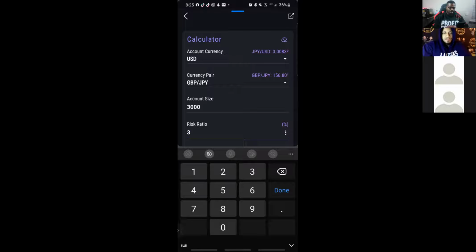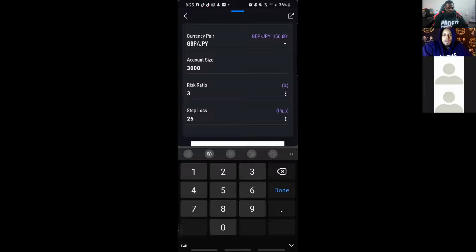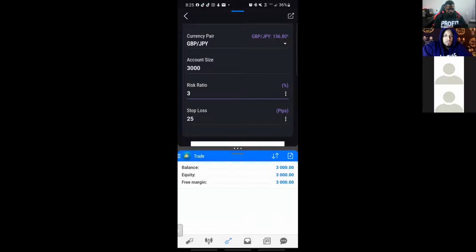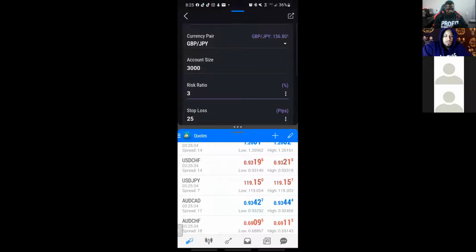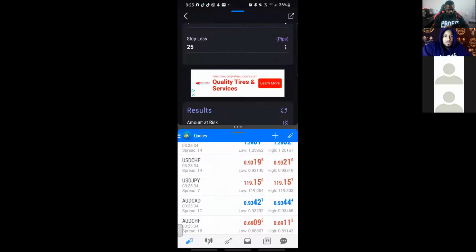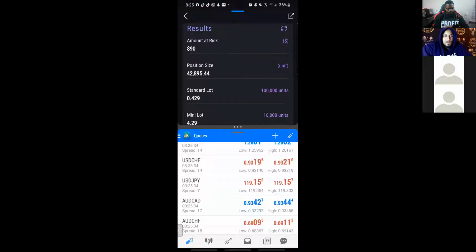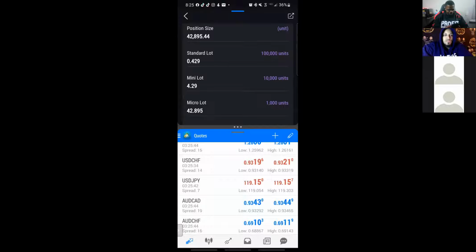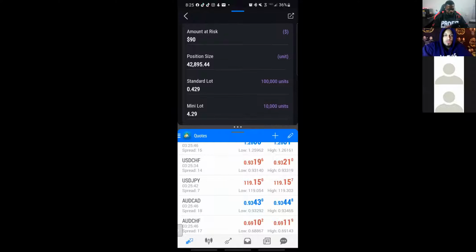So we have our account size and we have the risk. Now, the next thing we do is look at the pips. Let me see, the pip amount was 25 pips. So we put in 25 pips, and what the FX calculator does, if you look under standard lot size, it gives you a recommended risk amount.